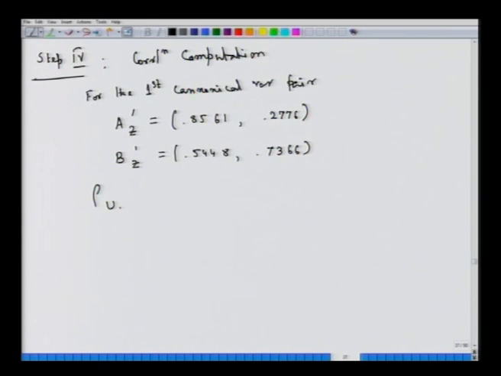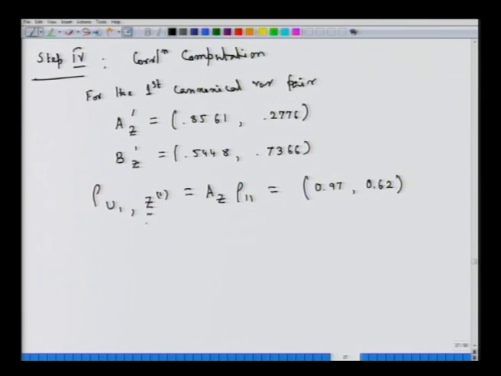So, if we want to calculate the correlation between the first canonical variable u1 and the first set of original variables, as we had seen in the theory, this is given by A z times rho 1 1. So, for the given example, with this rho 1 1 value and this A z value, this is going to be a 1 by 2 vector, comprising these two elements, 0.97 and 0.62.